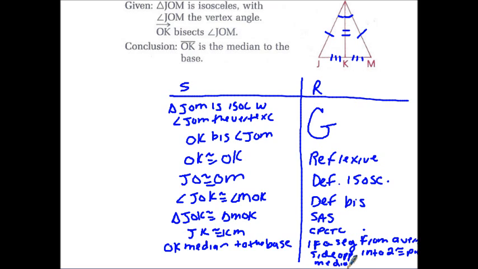Again, the wording on that's a little awkward. We have to have what makes it a median. A, it starts from a vertex. B, it divides the side opposite into two congruent pieces. So it's really important that we convey all that information and what our reason is going to be.